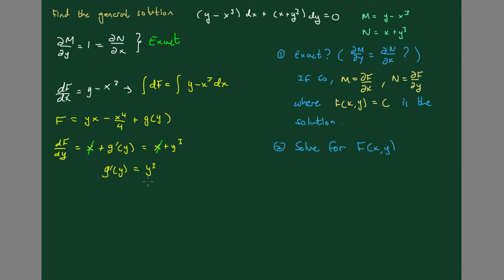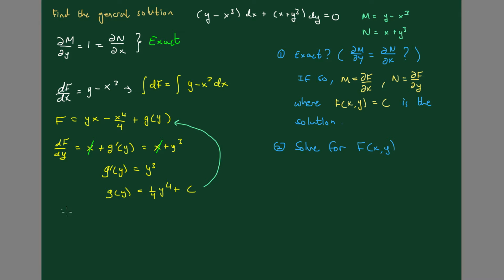And after we integrate, we find that g(y) is equal to 1 over 4 y to the power 4 plus a constant. So now that we have this g(y), we are going to plug this g(y) back in here to get our full solution for f.